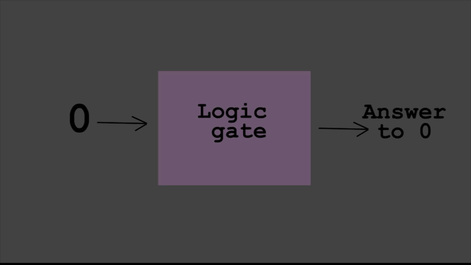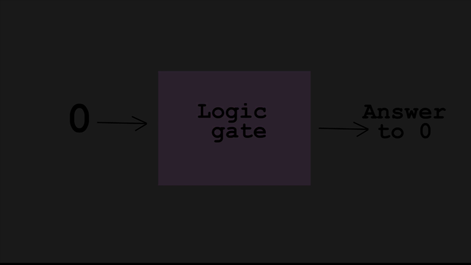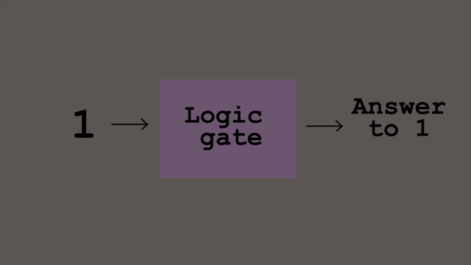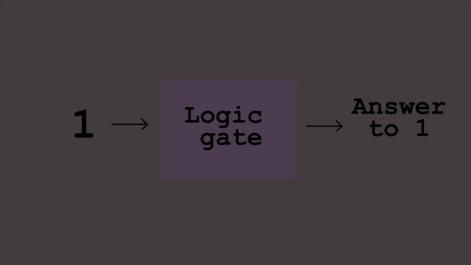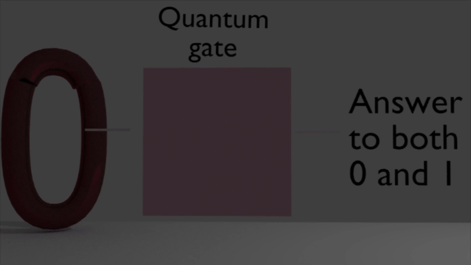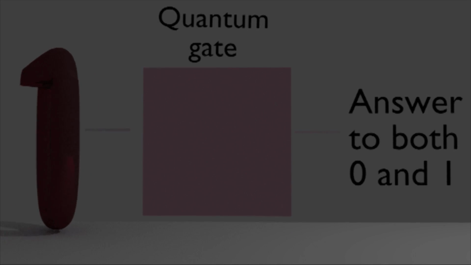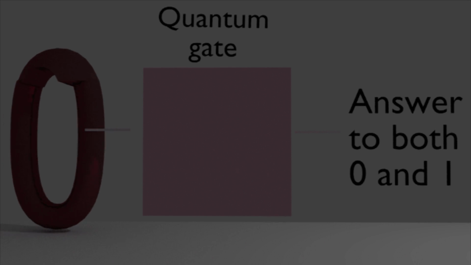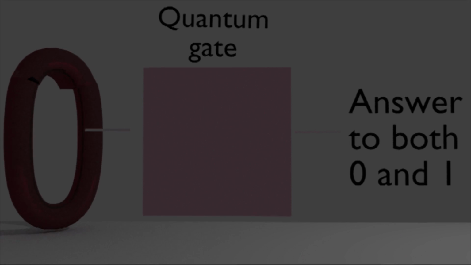If you put in 0, then it gave you some answer, and if you put in 1, then it gave you another answer. So if you wanted to find out what those two answers were, then you'd have to do it twice. But with the quantum computer, because you can put in basically 0 and 1 at the same time, then that means that you can get the two answers out at the same time.